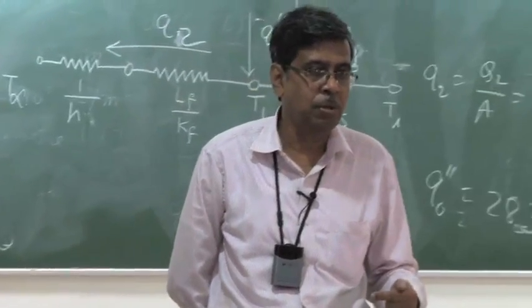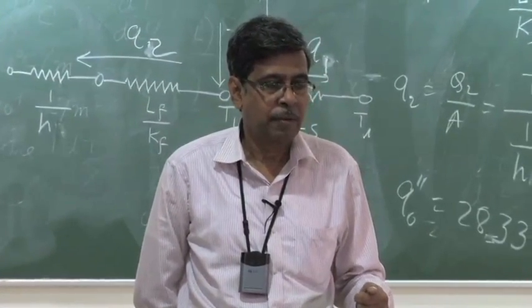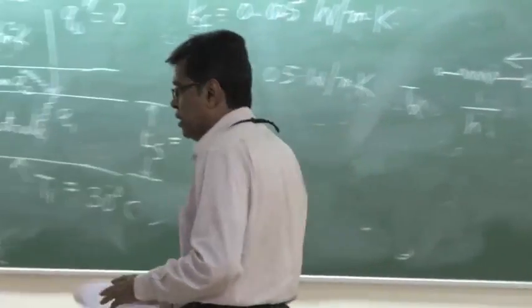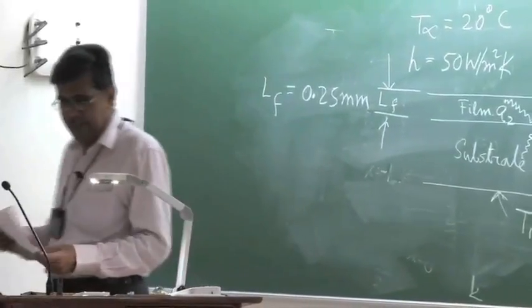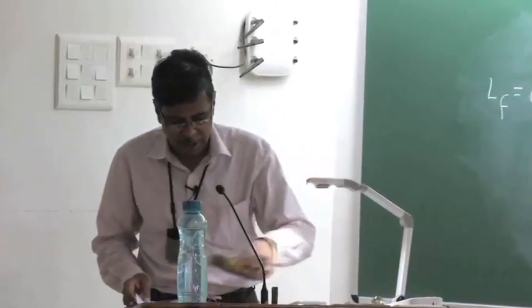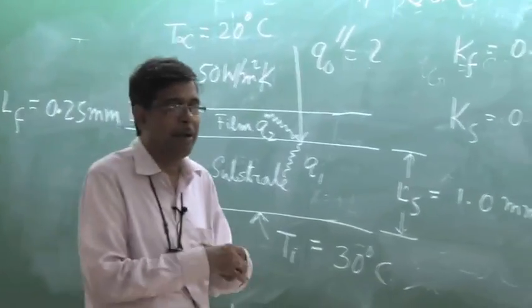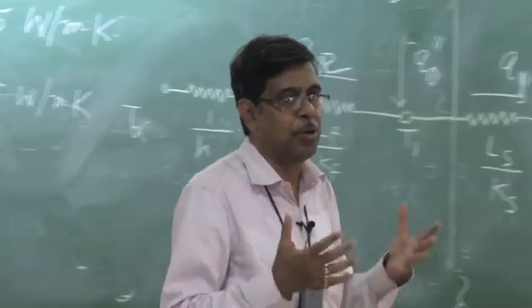Then what will you do? Think and try to do it. This is your problem: if the film is acting not as a totally transparent medium but as an opaque medium, then what will you do and which data do you require?